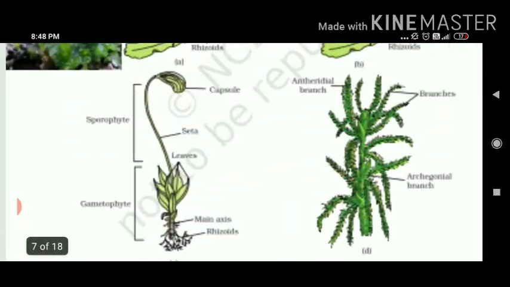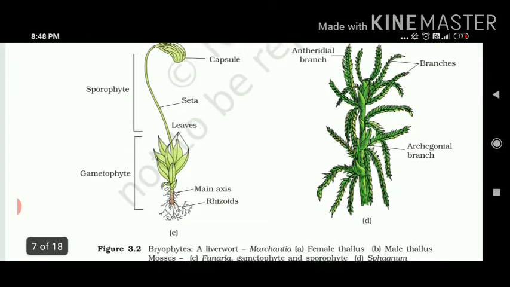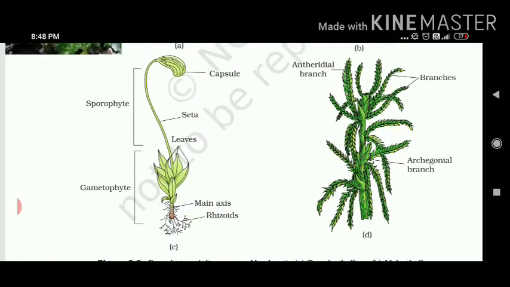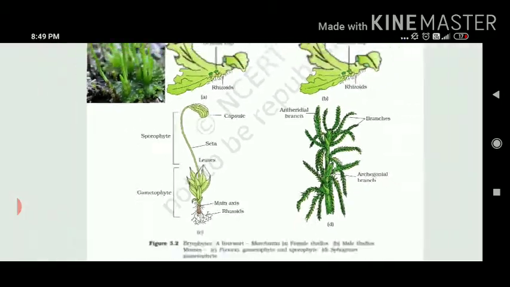In the case of a moss such as Funaria, we have seen sporophyte is the upper part and gametophyte is the lower part. So gametophyte is haploid which has produced the gametes, and sporophyte is the structure which has been produced from the gametes. Sporophyte is always attached to the gametophyte structure.